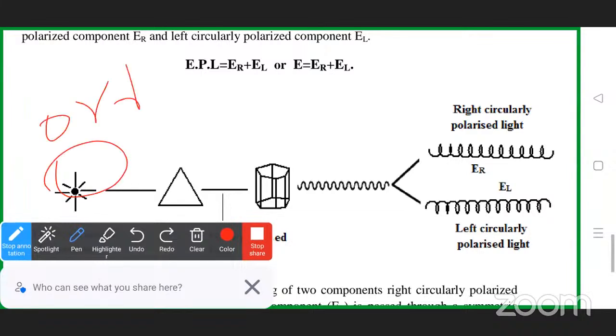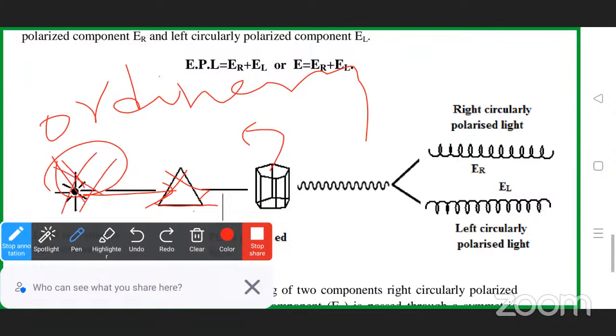When this ordinary light passes through this prism, or some other prism-like equipment, this multi-directional light is converted into unidirectional, one direction.